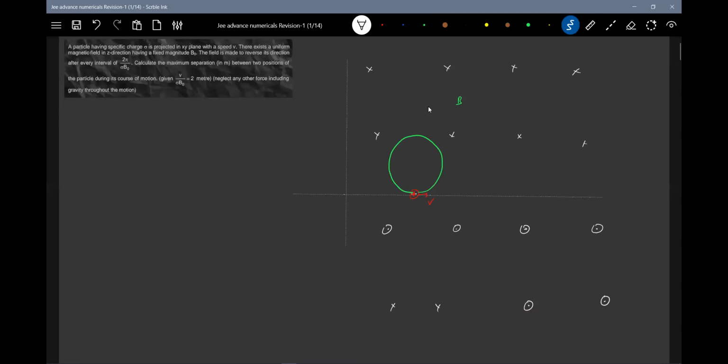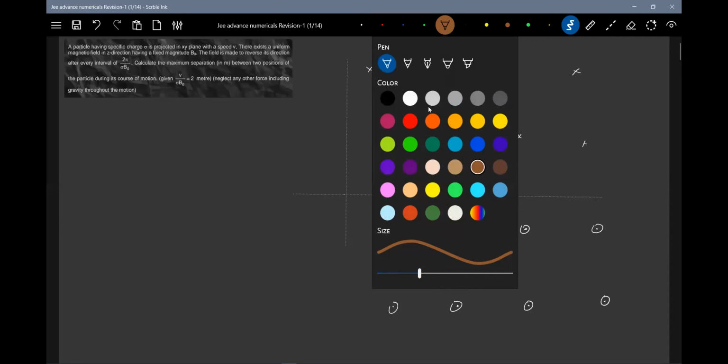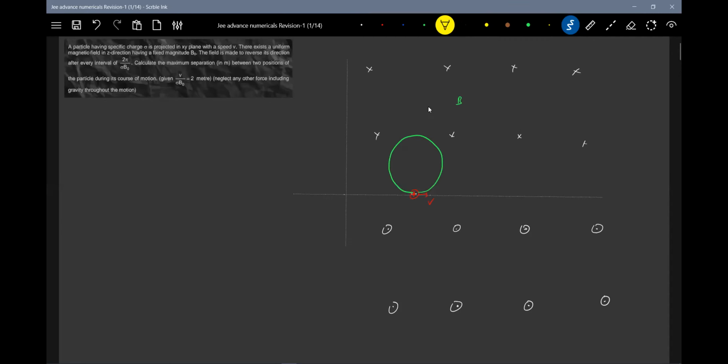This is what happens in this numerical. Then afterwards, the particle has completed one time period of revolution. At t equal to 0 it started, and one time period of revolution is completed. Then the direction of B bar will change, and the particle is going to complete a circular path like this.